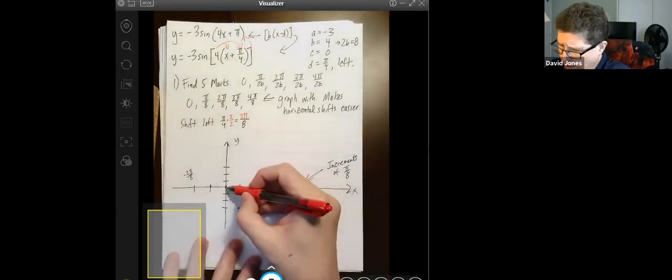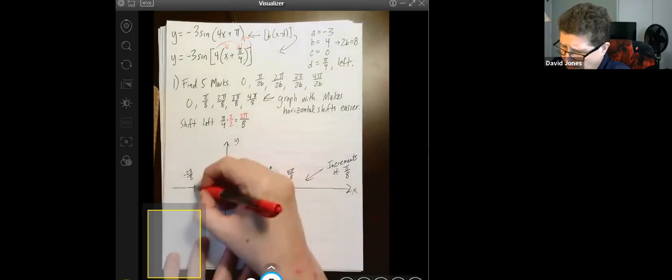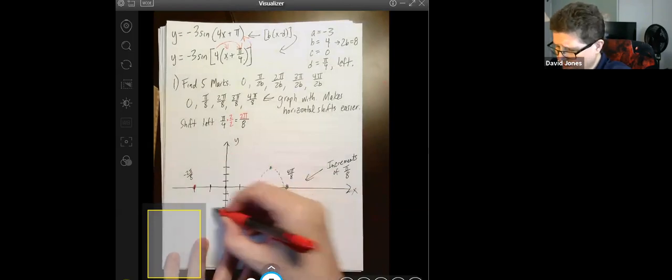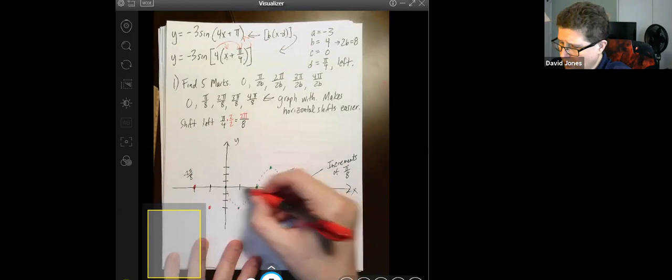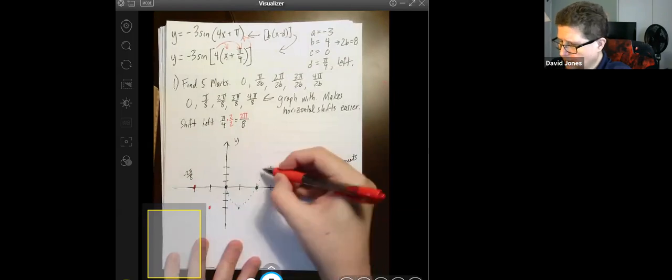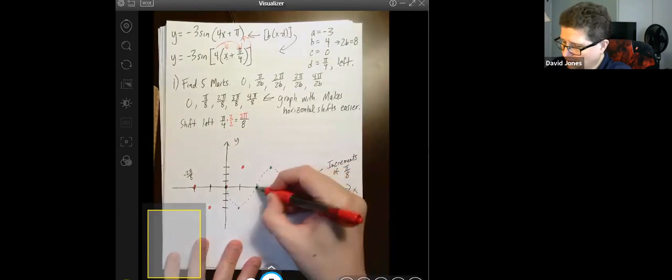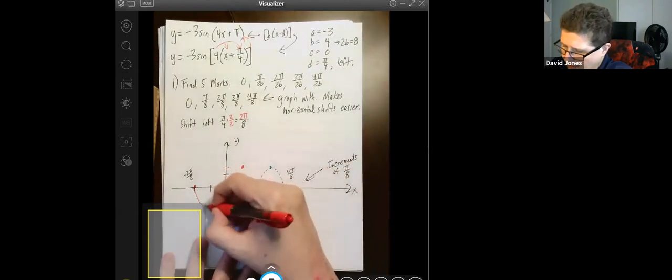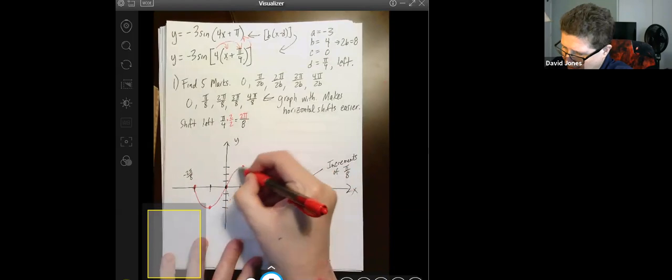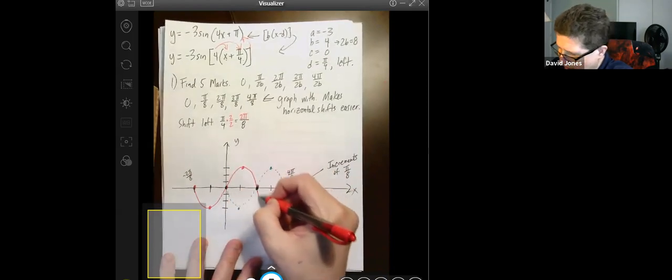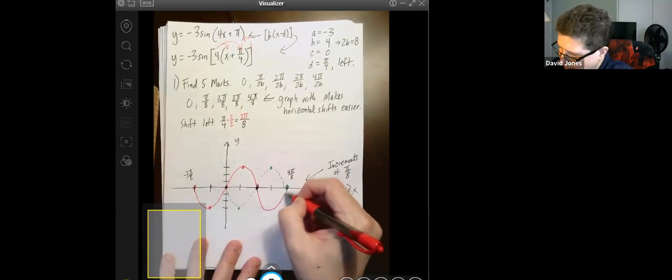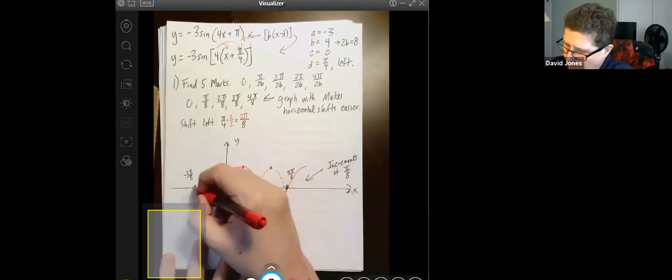The 0, 1 goes left 2. This one goes left 2, left 2, left 2, left 2. And then I'll draw this one with a solid line. And it would keep going.